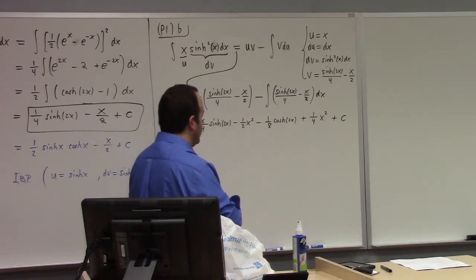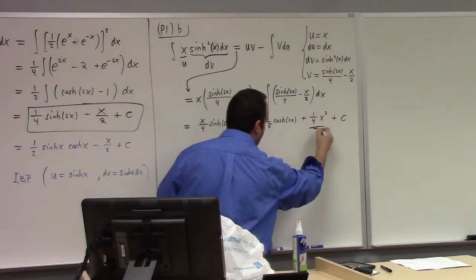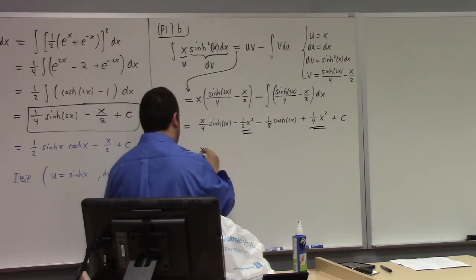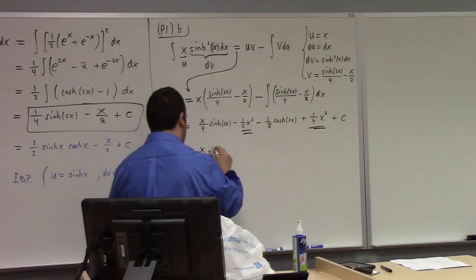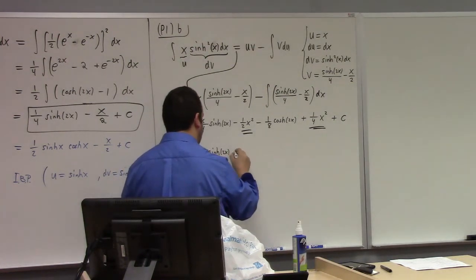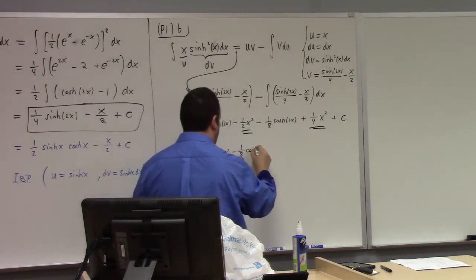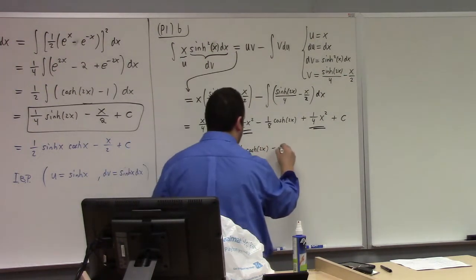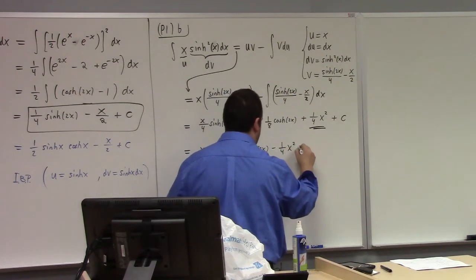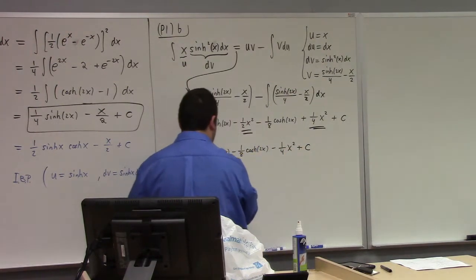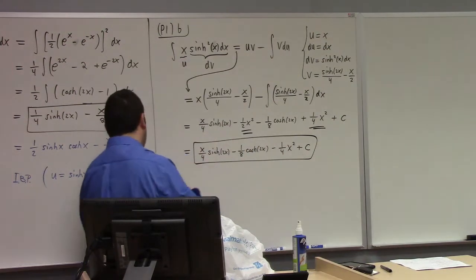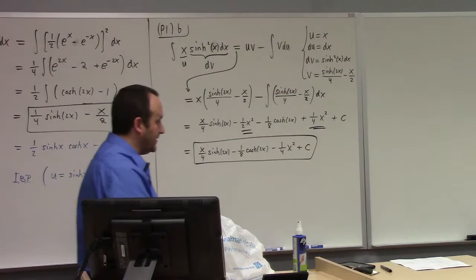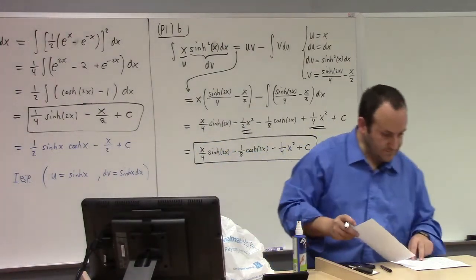Now, of course, this and that simplify a bit. He'd probably want you to do that. So x over 4 sinh of 2x, minus 1/8 cosh of 2x, and then minus 1/4 x squared plus a constant. Now your answer would look different if you had gone with the blue answer for part A and followed that with integration by parts for part B.